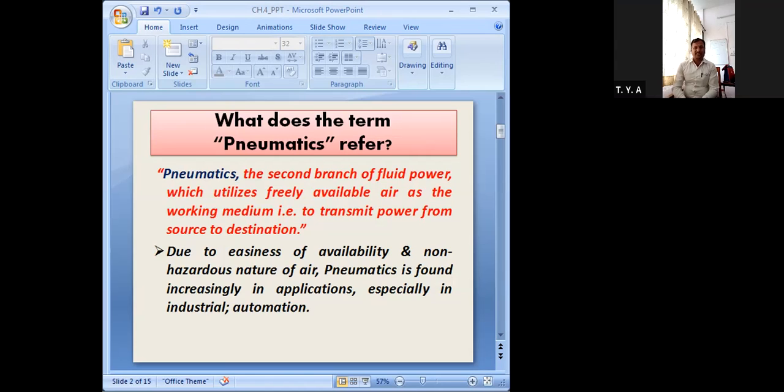Before going to discuss this point, let me know whether my screen and video are visible at your end and whether my voice is audible. Just give me a confirmation message in the chat box, yes or no. Everyone, please give me an answer.